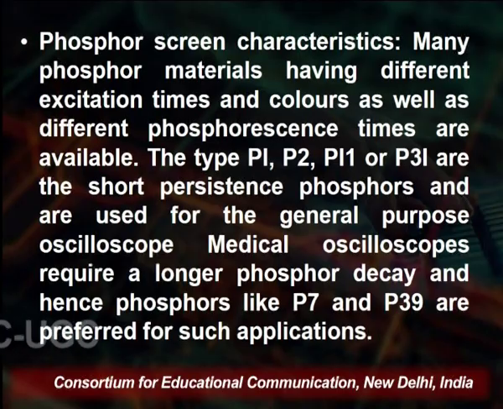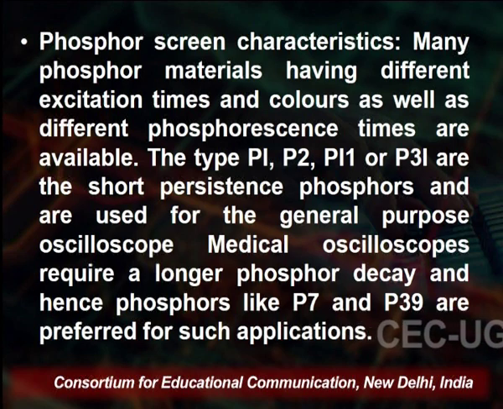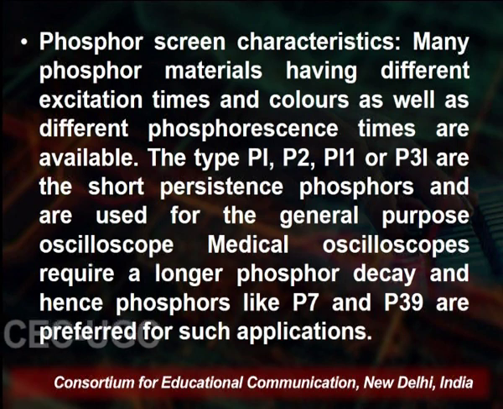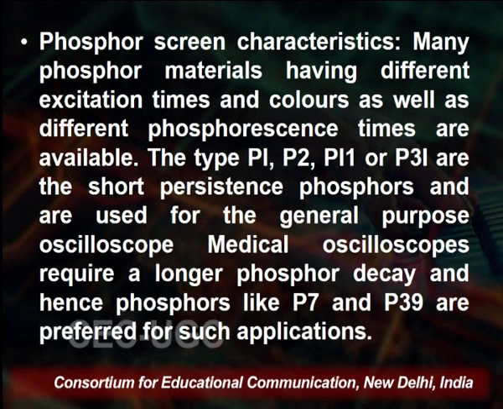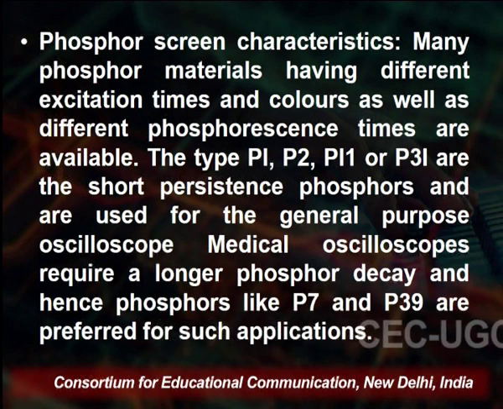What are the phosphor screen characteristics? We say that the phosphor screen is used for displaying, so what are its characteristics? Many phosphor materials having different excitation time and color, as well as different phosphorescence time, are available. In the laboratories we just have the green color output.